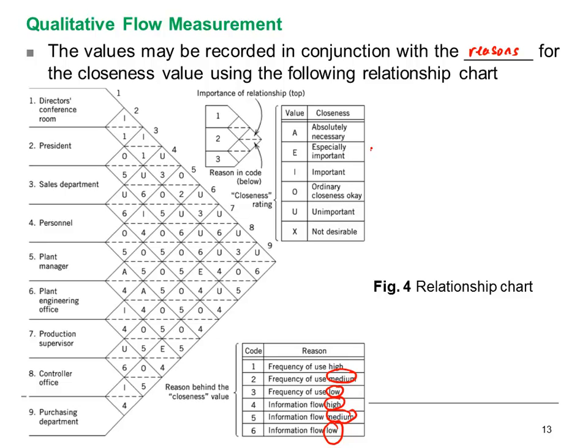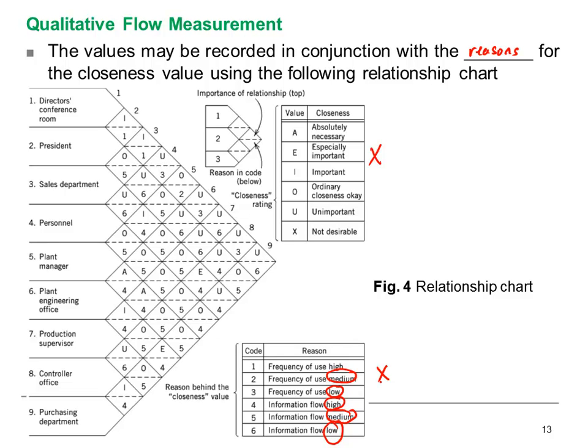So using these values and these reasons values, we can come up with a chart like this one, in which for each pair of departments, we're going to identify the closeness rating, and then below that we're going to put a reason for that.